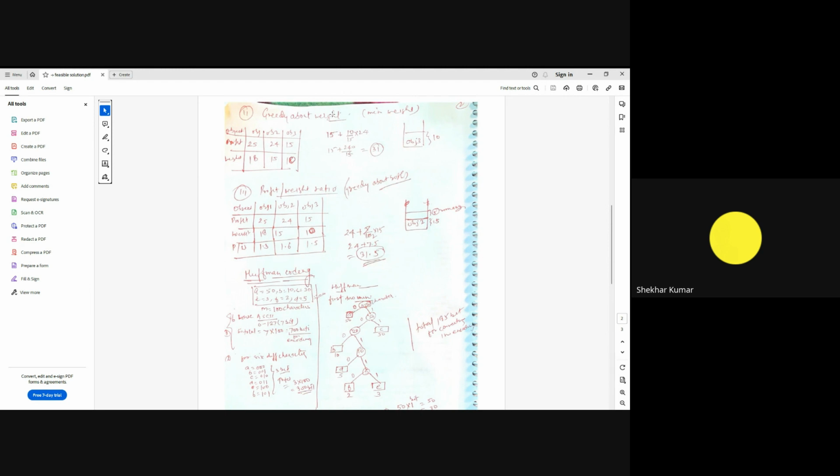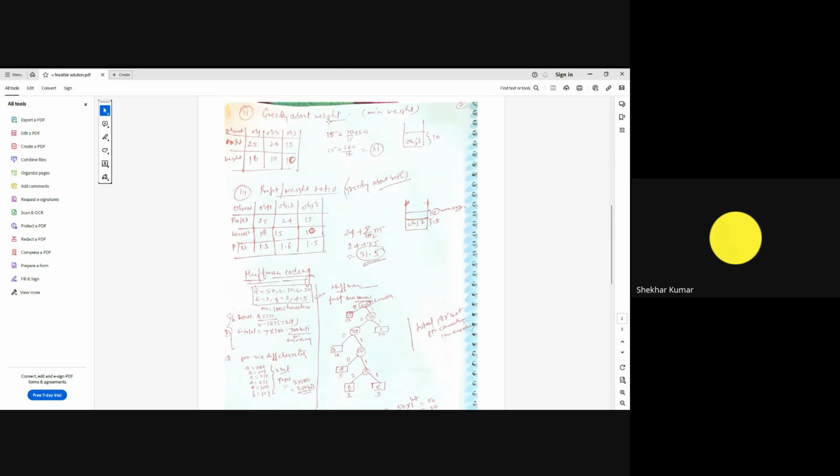Why? Because we want that in the knapsack of capacity 20, we can store more items. So we will check about the minimum weight.